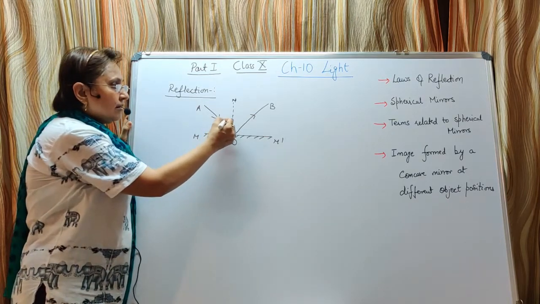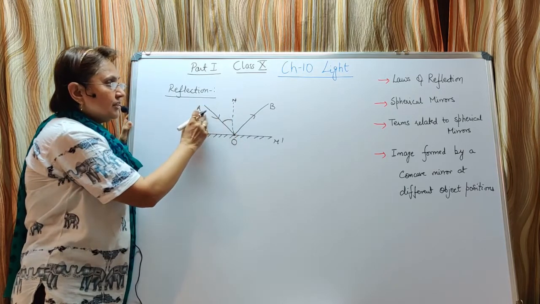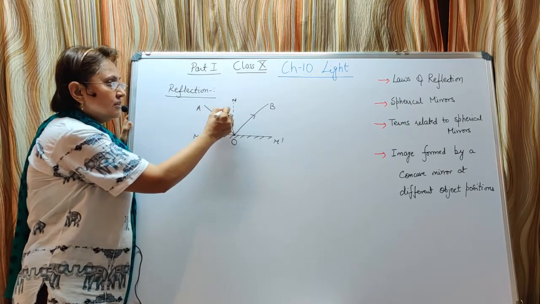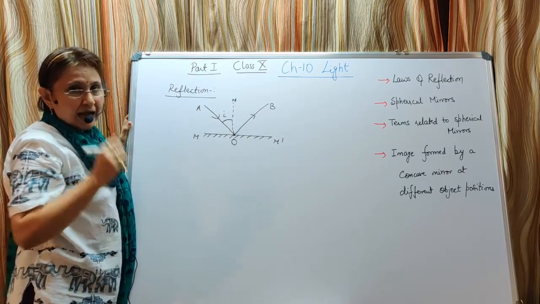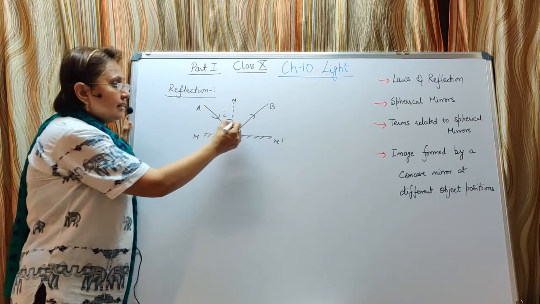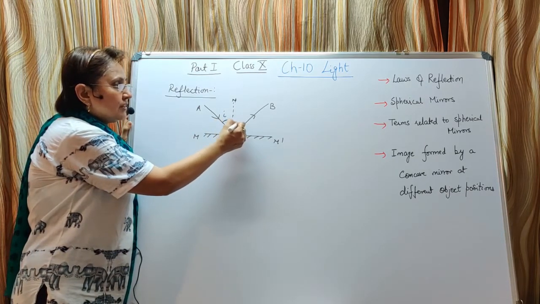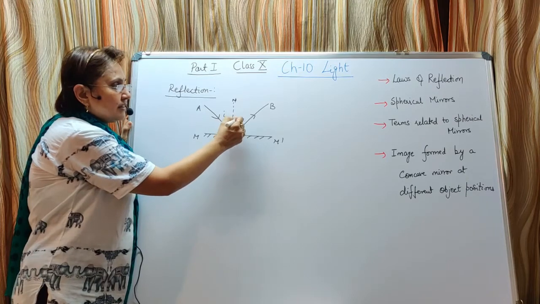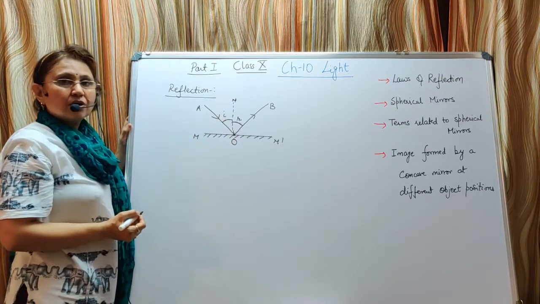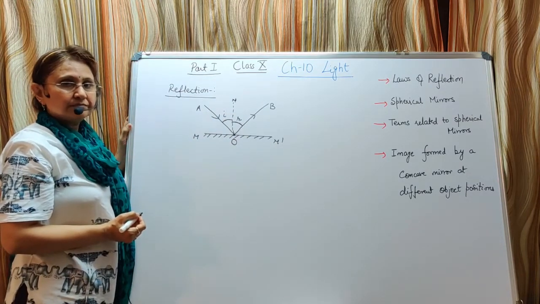The angle between the incident ray and the normal is called the angle of incidence. The angle formed between the normal and the reflected ray is called the angle of reflection.